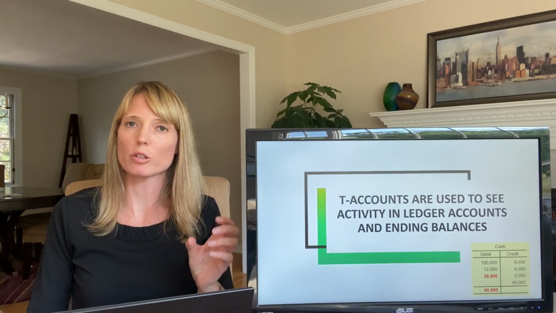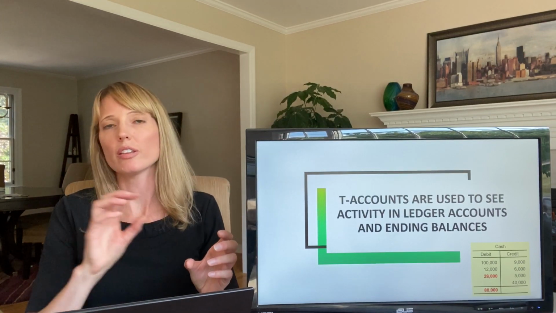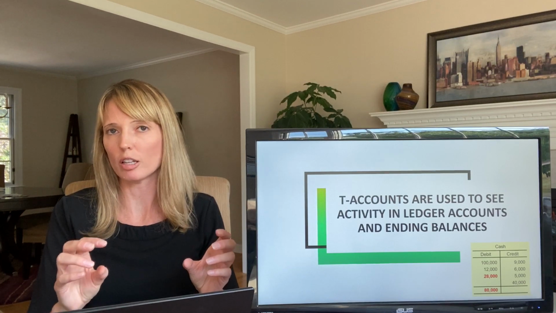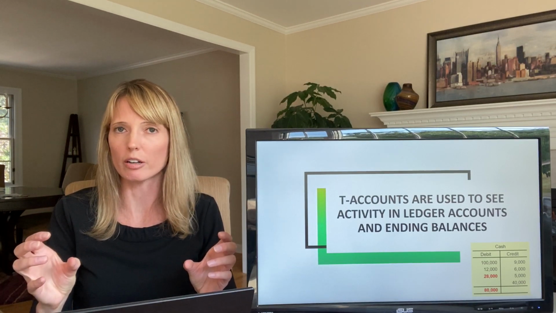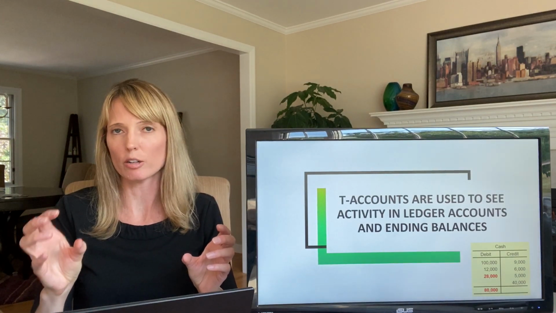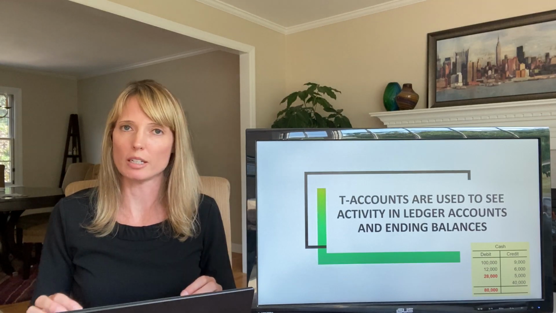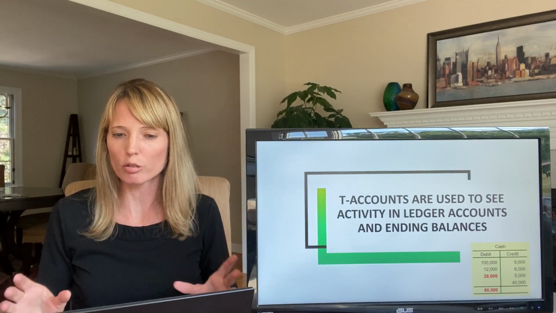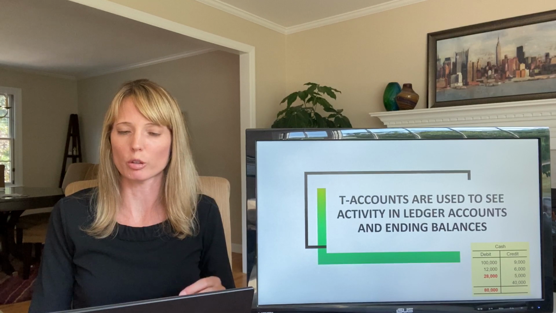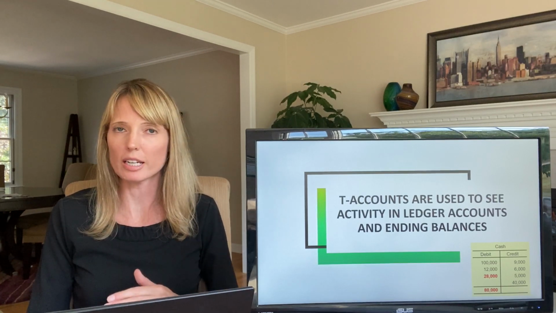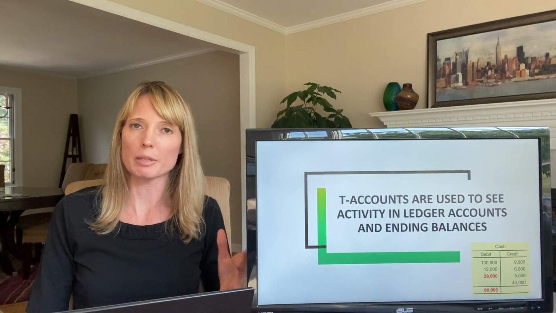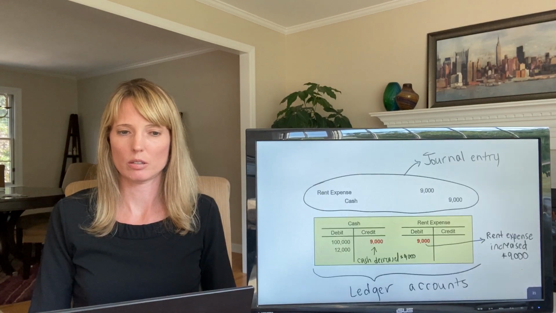We have the positives or the increases to cash. Every time we record a transaction and post it to its T account, we post it in the right side, the credit, whenever we're spending cash. So this is why it's really important to remember those debit and credit rules. We're not using positives and negatives, we're using debits and credits.